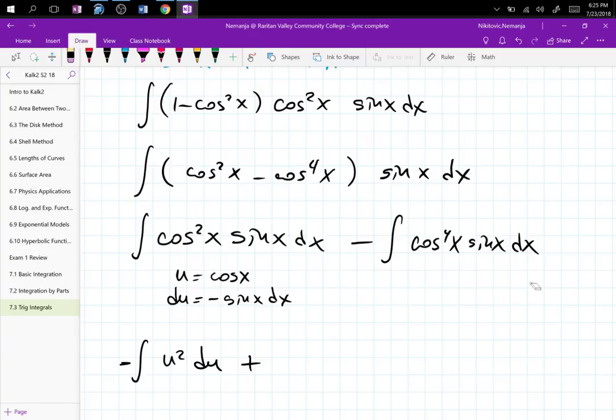So plus, and you have, wait, what do you have then? Oh, u to the 4th du. That's from the second integral, so that's that.